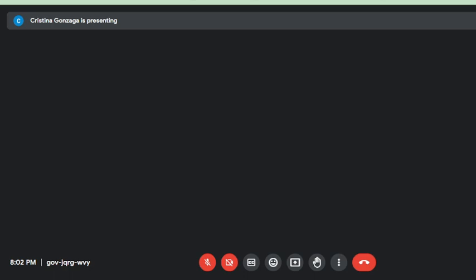Okay. Discounting of notes receivable. Pag sinabi nating discounting of notes receivable, it is generating cash out of a promissory note prior to its maturity. So the discounting may be recorded as a borrowing or as a sale. It may be with recourse or without recourse.